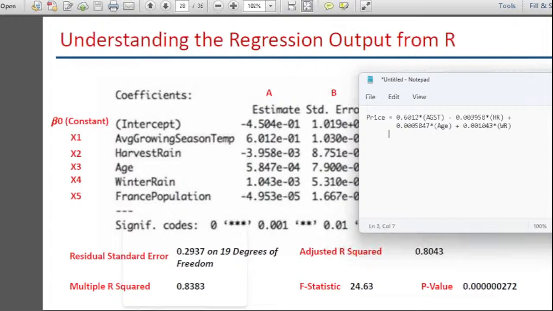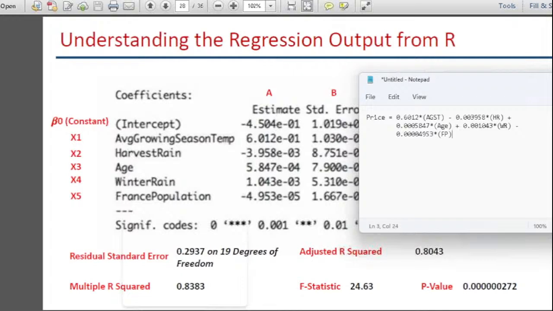And last, minus 0.00004953 into trans population. Did you get it?